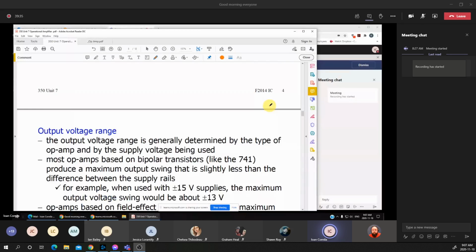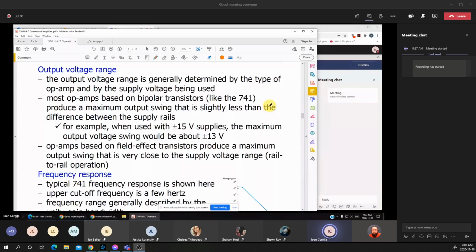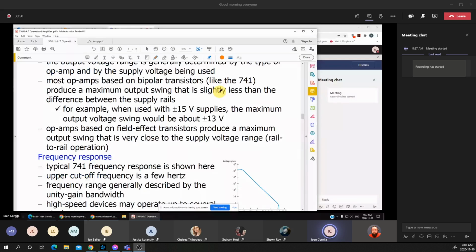op amps. On the output voltage, I mentioned that it's determined by the type of op amp and the supplied voltage that is used. Again, I made an example. If the supplied voltage is plus or minus 15 volts, the output voltage will swing between positive 13 and negative 13 volts.